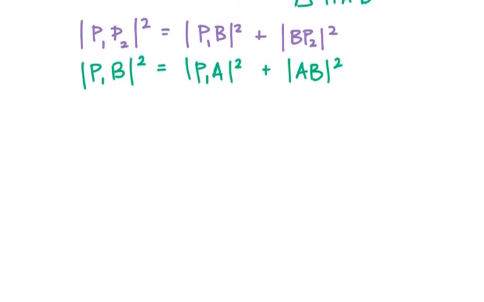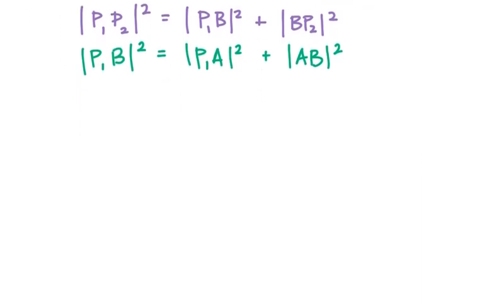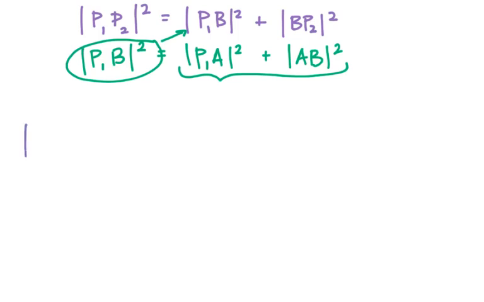So let's look at this. P sub 1B quantity squared is the same as that, which means I should be able to substitute those two terms in for that one in the purple equation. Let's rewrite that.